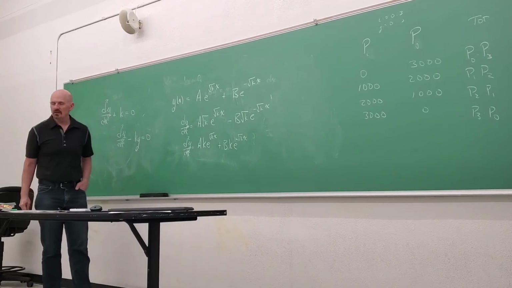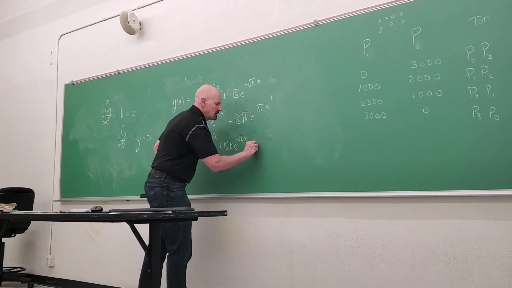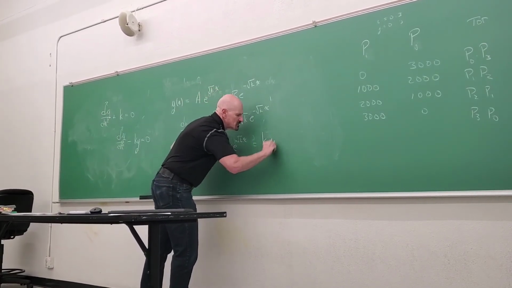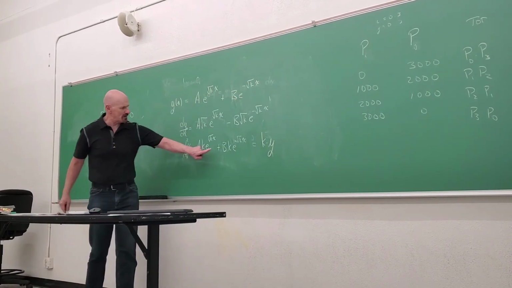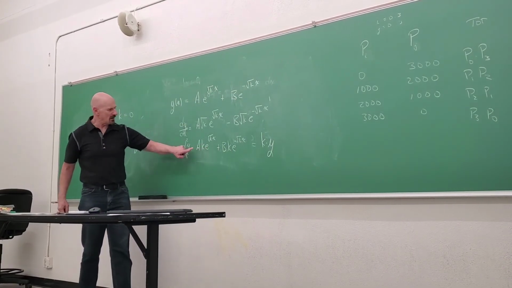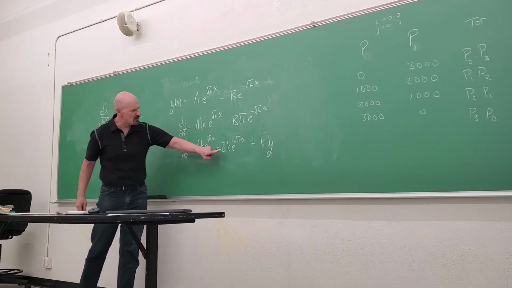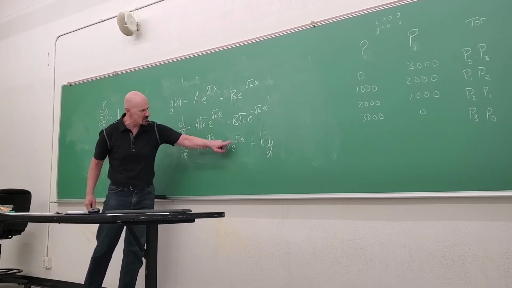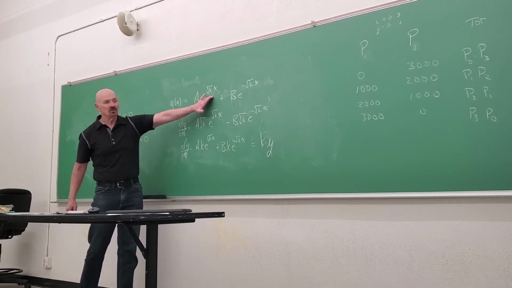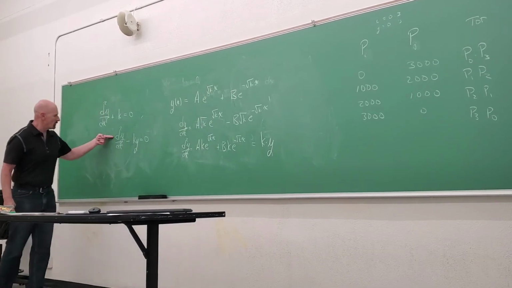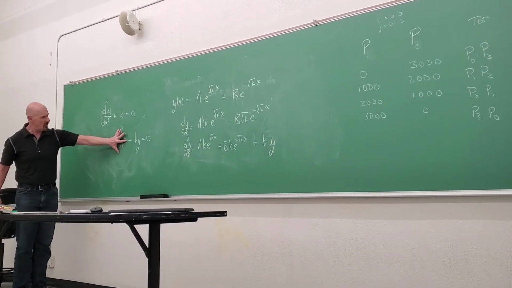This, if you look closely, is k times y. Because if I pull a k out from this, I get a e to the positive root kx, b e to the minus root kx, so it repeats that. So ky minus ky, of course, is 0.